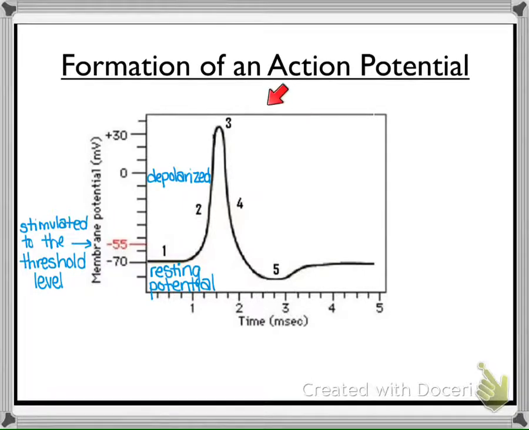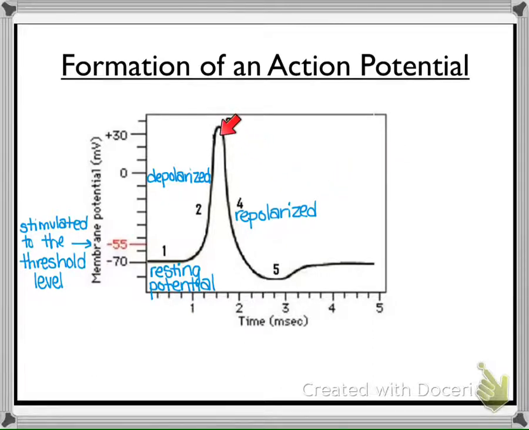So as you can see here, the voltage is going to increase while the neuron is being depolarized, and that's because those sodium ions are rushing into the axon. Then, at about positive 35 millivolts, the sodium gates are going to close, and the potassium gates are going to open. Once the potassium gate opens, the third stage of an action potential is going to occur. That is repolarization.